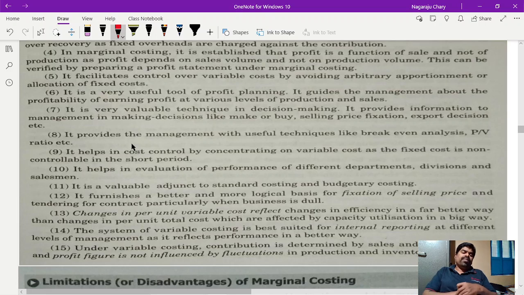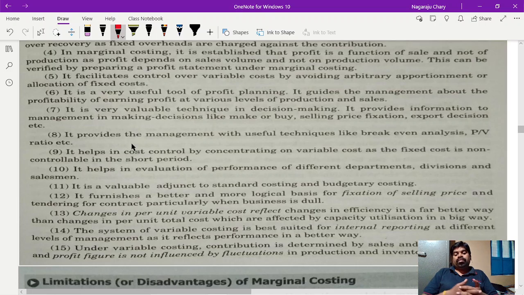In break-even analysis, the management can know for each product what is the level of break-even. Break-even means there is no profit, no gain position. At what position the product is going to reach its total cost, after that the margin of safety will start. So that's why all the techniques will be very useful.